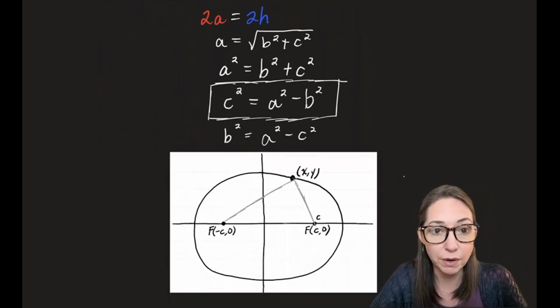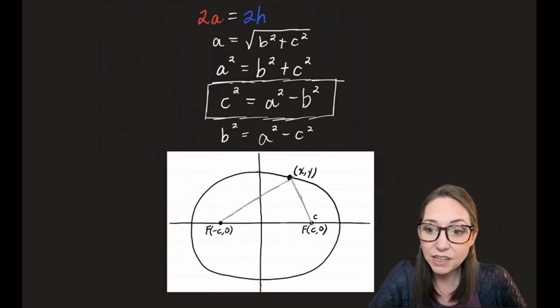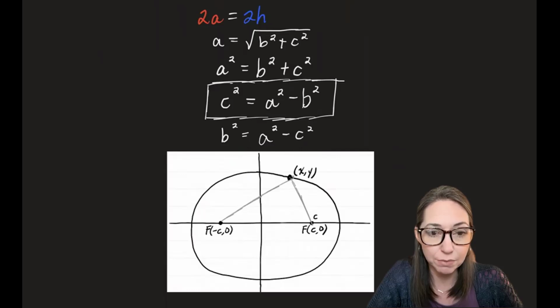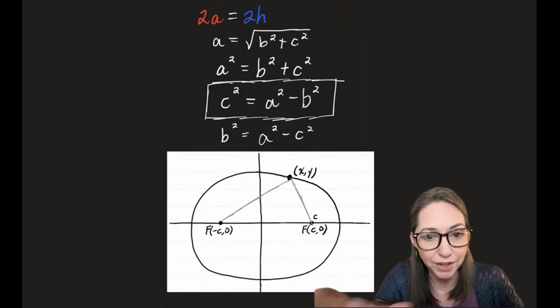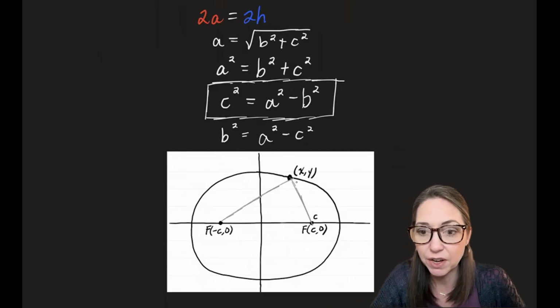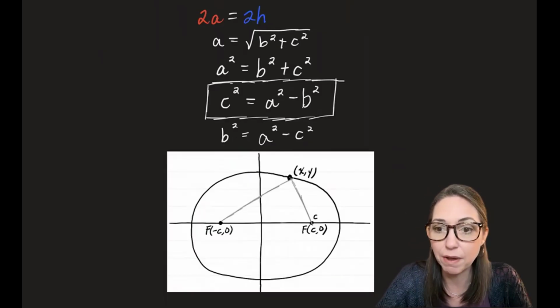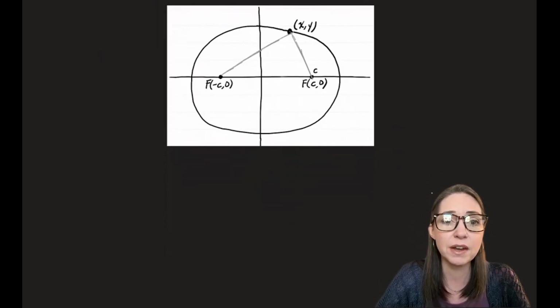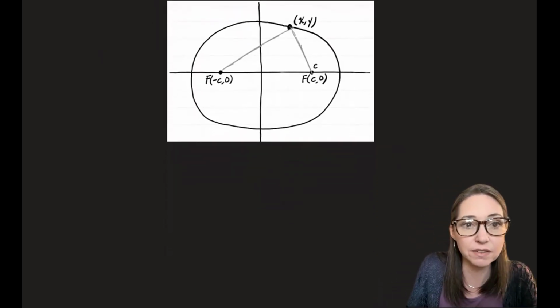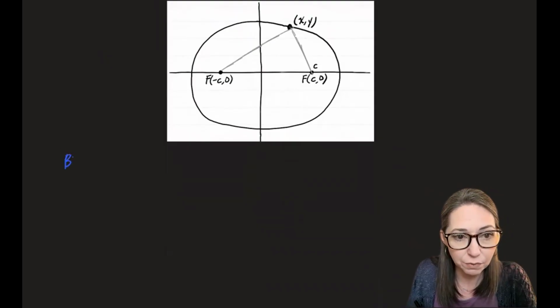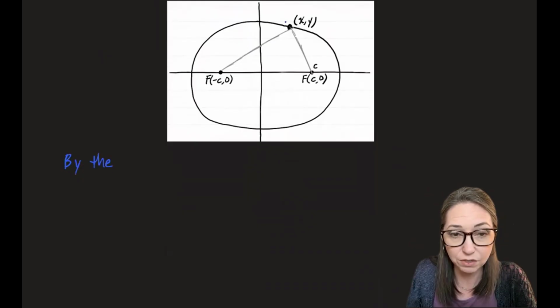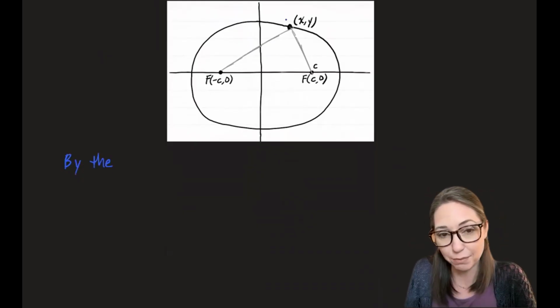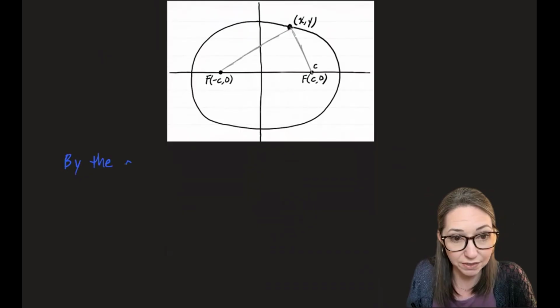Okay, so moving forward here, what we're going to do is let xy be any point on the ellipse, right? So it's just at a random place. It could be anywhere, okay? And I'm going to let my foci be at c comma 0 and negative c comma 0, okay? So then let's apply the distance formula here for the distances between the focus and the point xy, and the point xy and the other focus, okay?